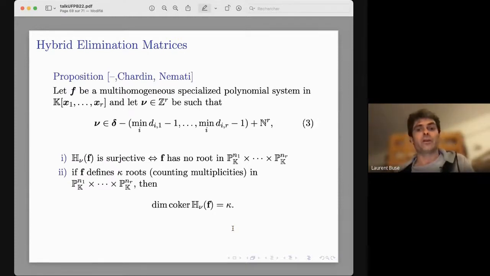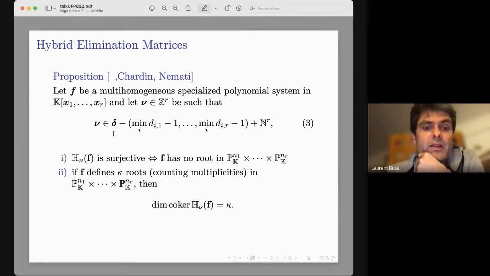And if you do some specialization, so this is the natural goal we had at the beginning. If you take a specialized system of multi-homogeneous equations, and then you take a degree nu, delta minus this minimum of d_i, then you have the expected property that this matrix is surjective if and only if you have no root. And if F defines kappa roots, then the dimension of the co-kernel is kappa.